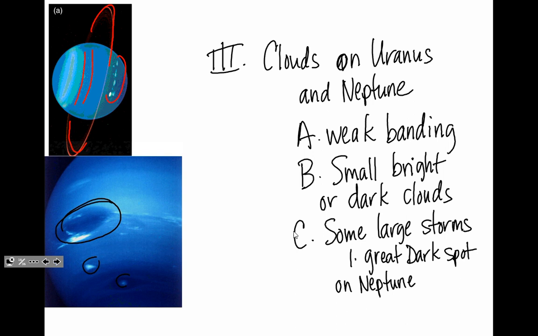So the Great Dark Spot on Neptune, in comparison to Jupiter, lasted about 5 years. And there have been others since that one disappeared. Other storms have popped up on Neptune, but they never last for very long. So different stuff going on there, but I just wanted to do some compare and contrast between those planets and what their atmospheres are like.